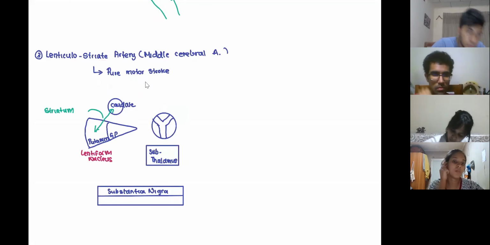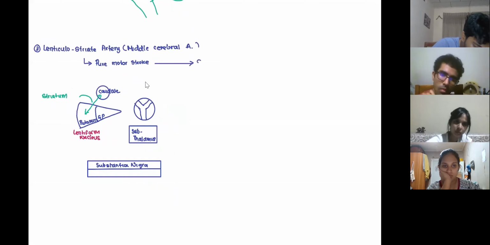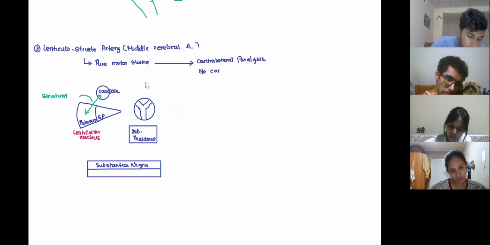Okay, this is a pure motor stroke in which these patients will have contralateral paralysis. No cortical signs.